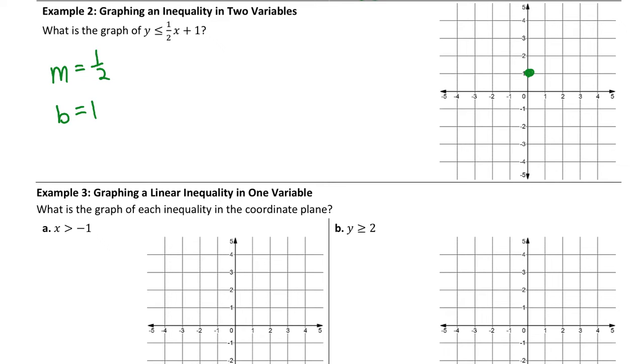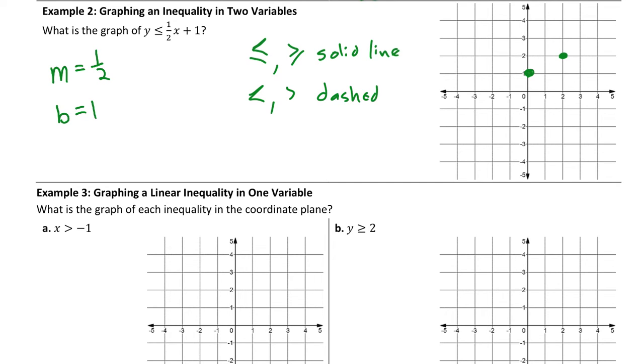And I don't want you to draw a solid or dashed line yet. We are going to go through some examples and explain what each of the symbols mean. But when we graph linear inequalities, less than or equal to, greater than or equal to, is a solid line, okay? Just less than, just greater than, is a dashed line.